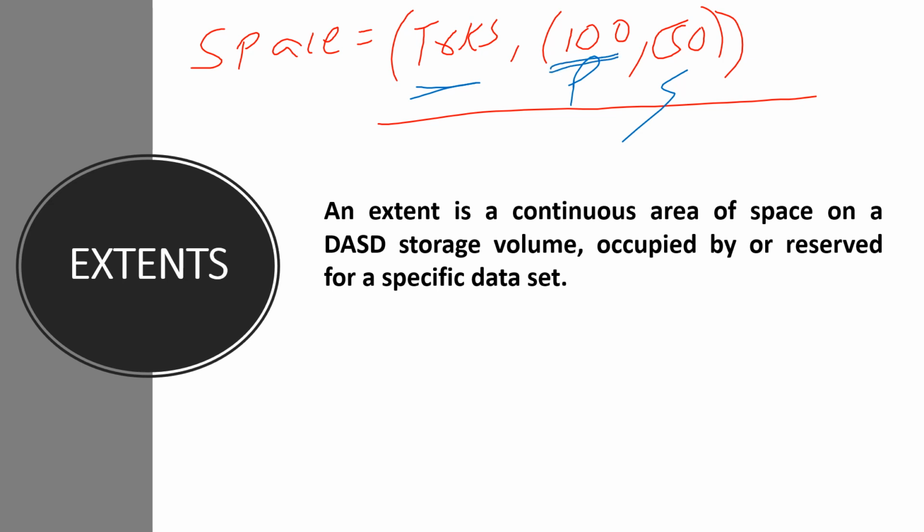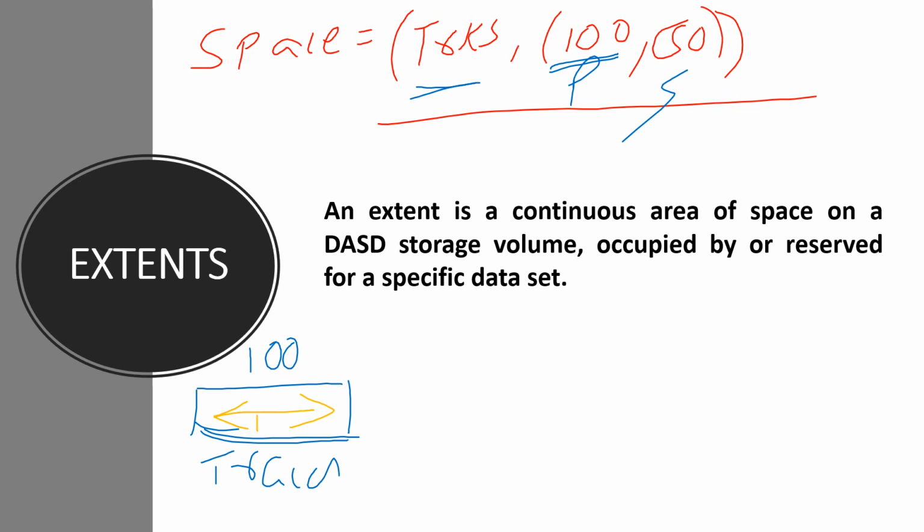You are asking the volume for 100 tracks of continuous space, that is the first requirement. So the volume will give you 100 tracks of continuous space, and your data set gets allocated in it.